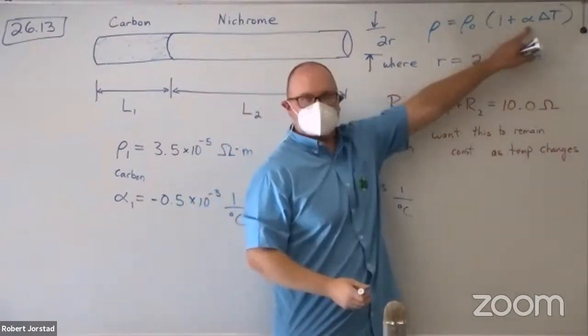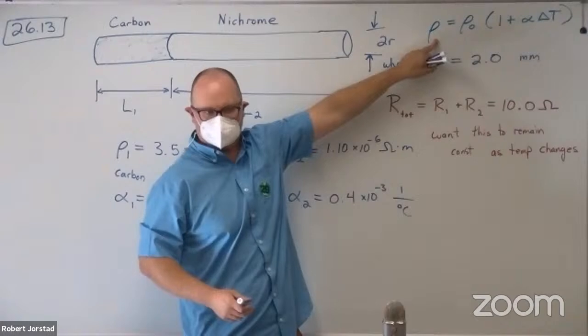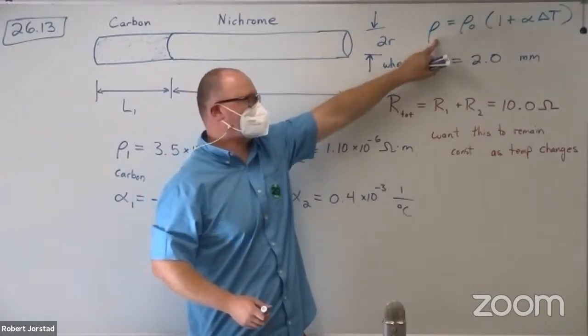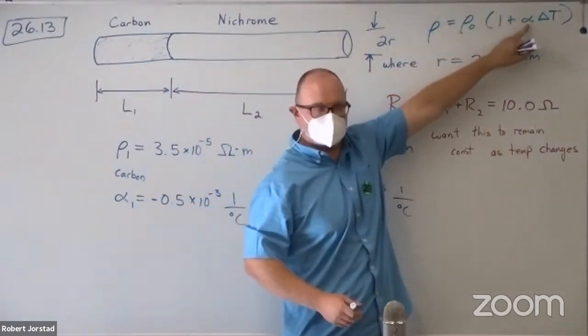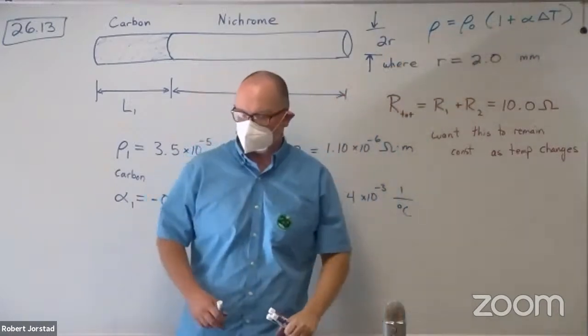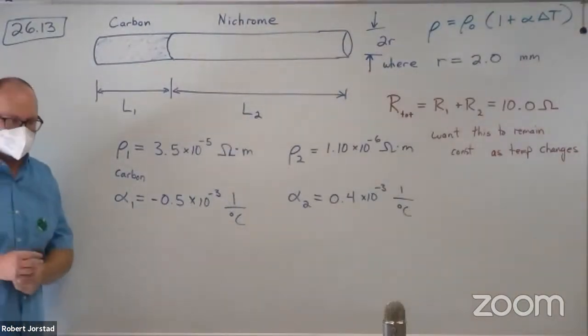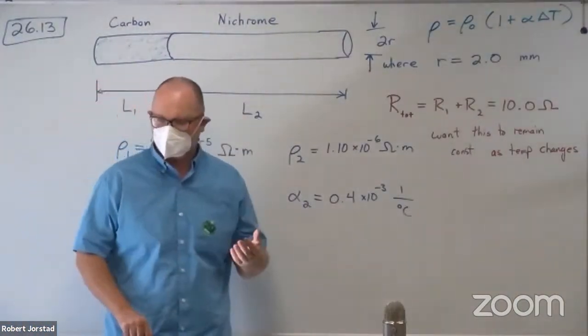If alpha is positive and delta T is positive, rho gets bigger. Similarly, if alpha is negative, as T goes up, this gets smaller. So the answer to what happens to a wire as it gets hot is it depends.